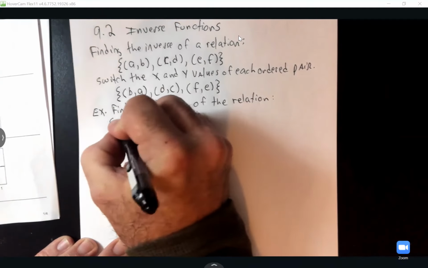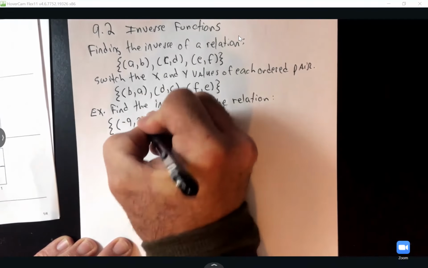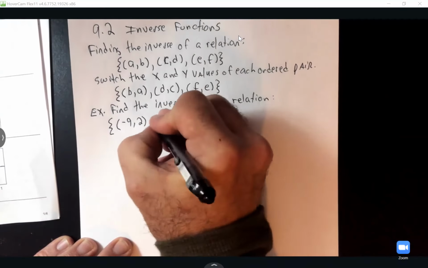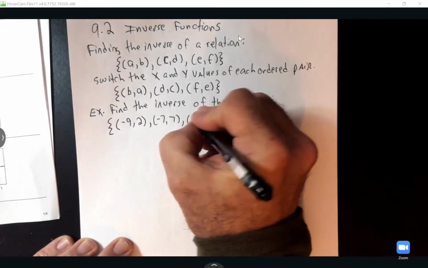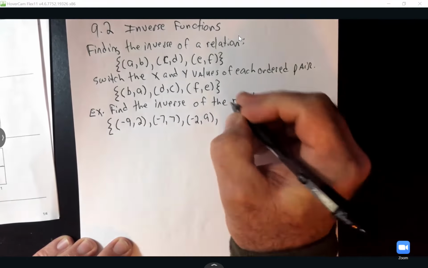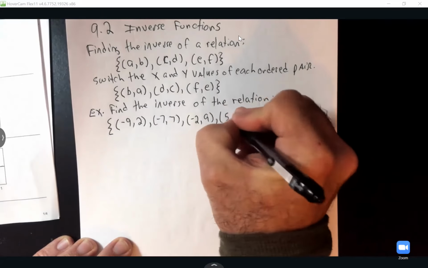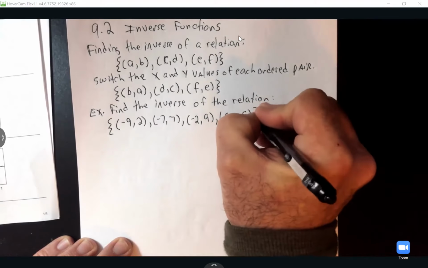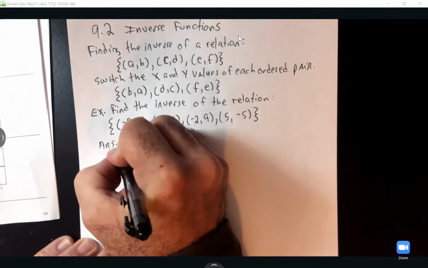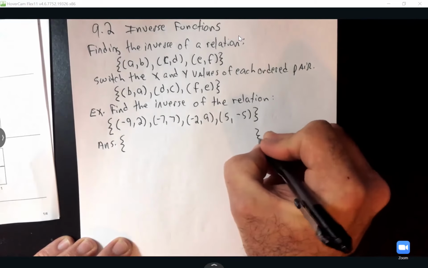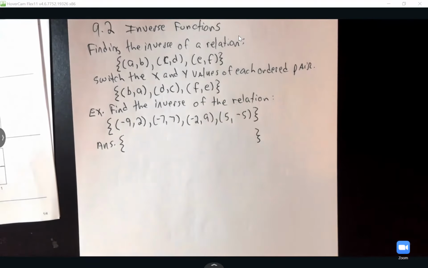So my ordered pairs are going to be -9, 2, -7, 7, -2, 9, and 5, -5. So for that answer, MathLab will start you out with those two fancy parentheses. So y'all name off my answer.